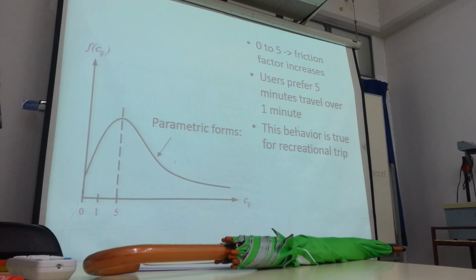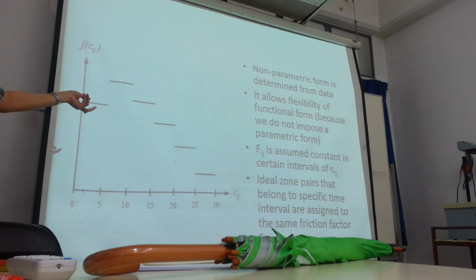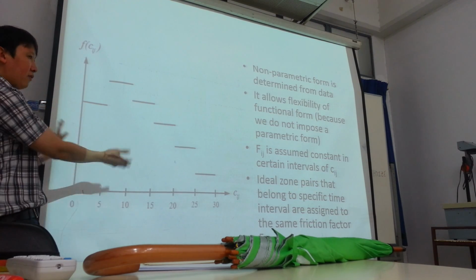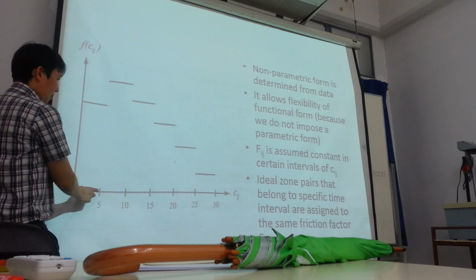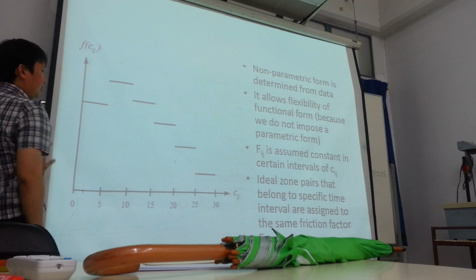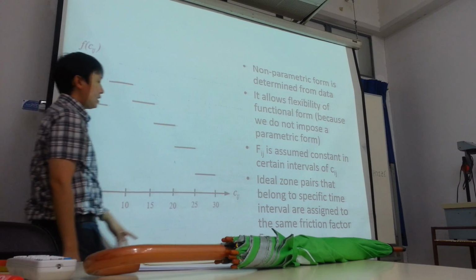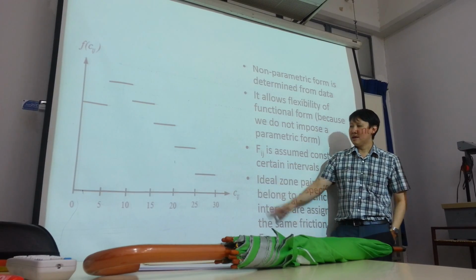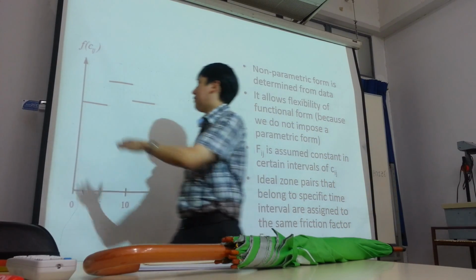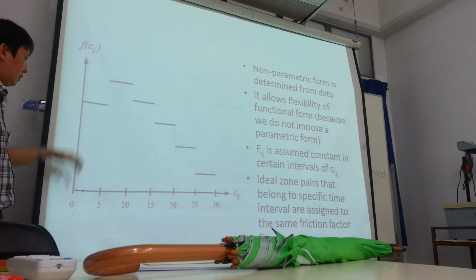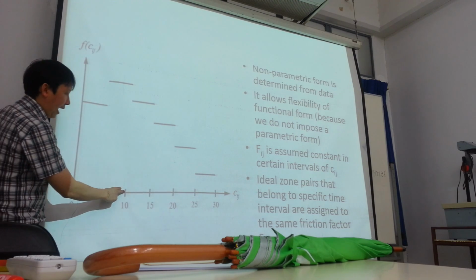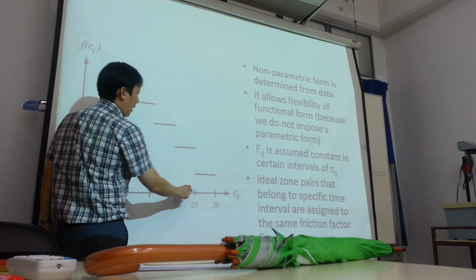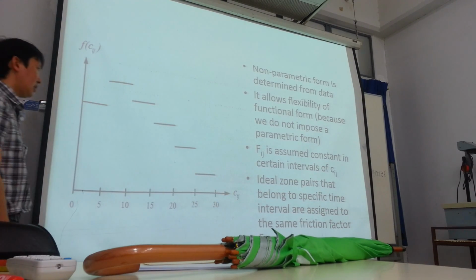What we're going to do is the non-parametric one. The friction factor is a function of the impedance or travel cost between two zones, and it is constant over an interval of 5 minutes of impedance.